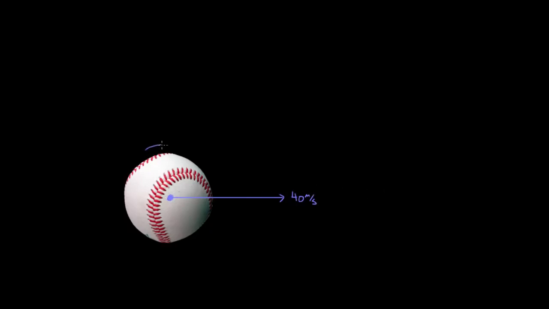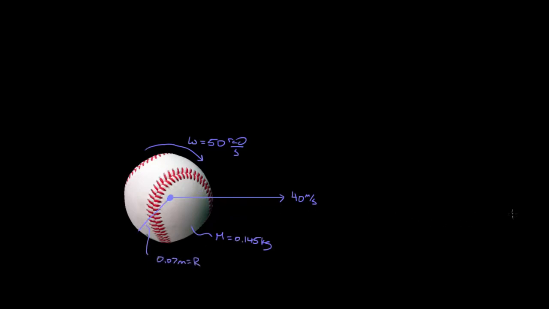But let's say someone really threw a fastball, and this thing's rotating with an angular velocity of 50 radians per second. And we know the mass of a baseball. I looked it up. The mass of a baseball is about 0.145 kilograms. And the radius of the baseball is around 7 centimeters. So in terms of meters, that would be 0.07 meters.